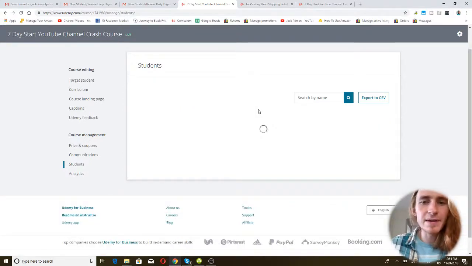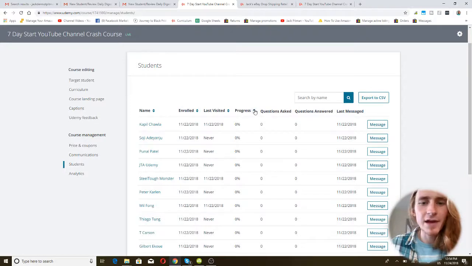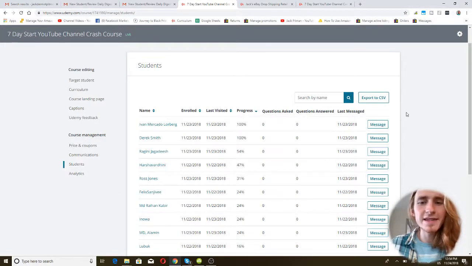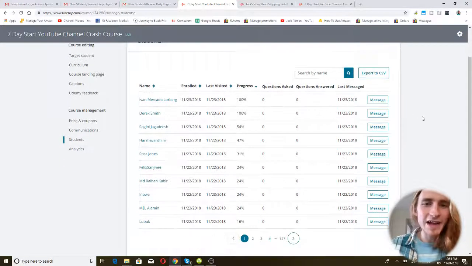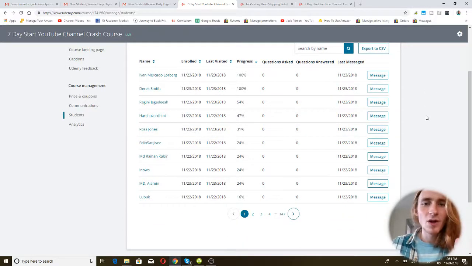We're going to sort it by progress, okay? So now we can see the people of these 1,400 who have actually engaged with the course. So we can see that 2 individuals have finished the course. 2 other individuals have done 50% of the course. 1 person has done 1/3 of the course. 4 people have done 1/4 of the course.